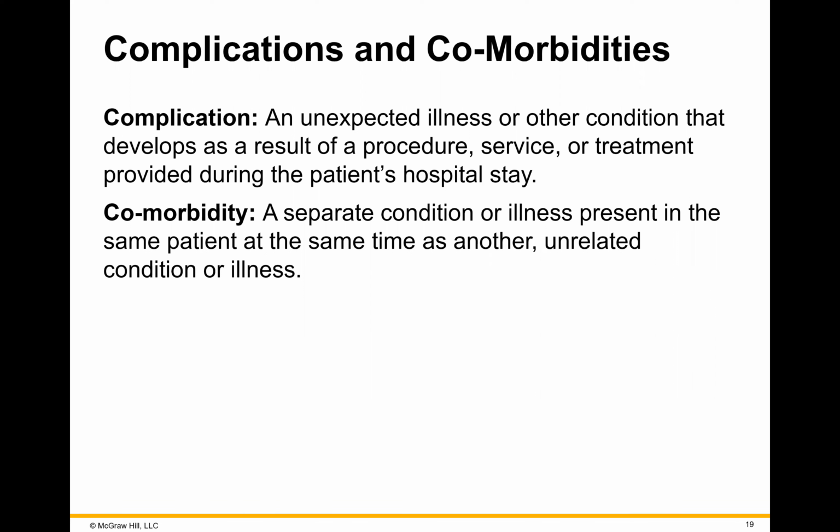And a comorbidity, or a major comorbidity, is more resource intensive. So a comorbidity is a separate condition that's present. This is different than a complication. A complication is something that happens while the patient's in-house. A comorbidity is something that they already had. So if we have our patient with COPD again, and they had diabetes and other issues, the diabetes would be the comorbidity.